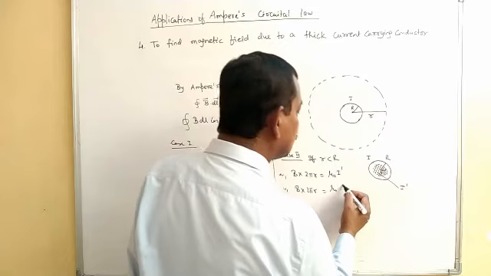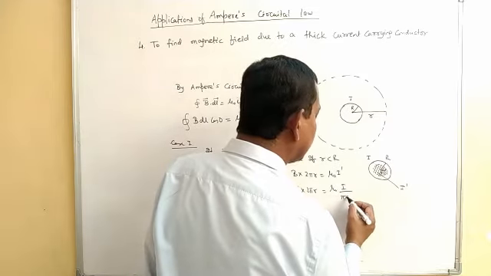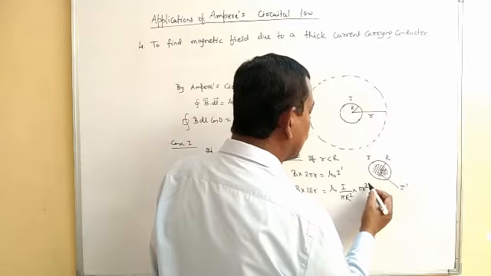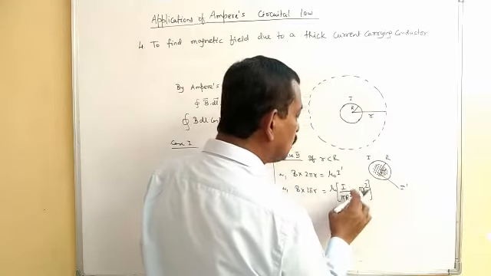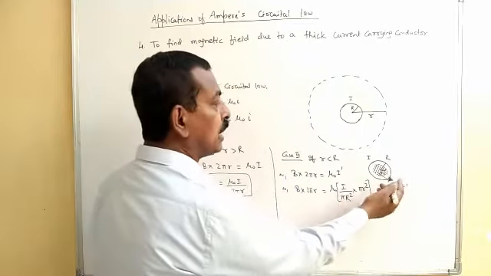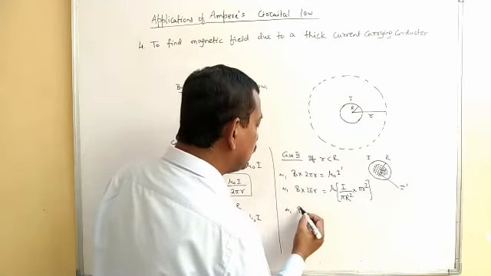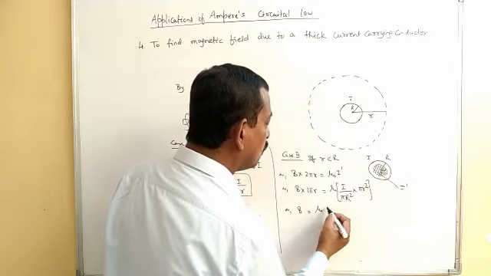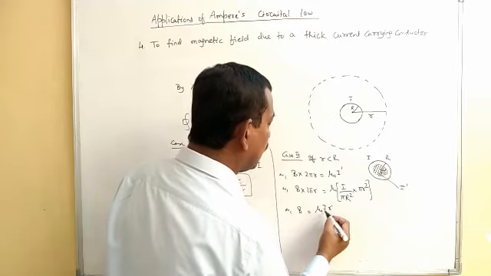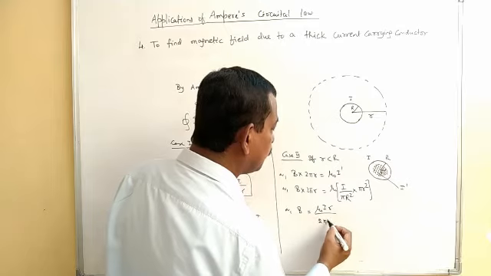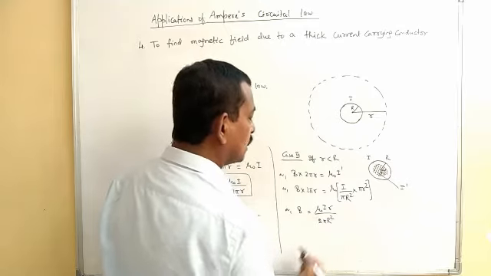So in that case, it is your mu naught I by pi capital R square multiplied by pi small r square. Current per unit cross sectional area multiplied by area enclosed. So this is your B equals mu naught I r by 2 pi capital R square.